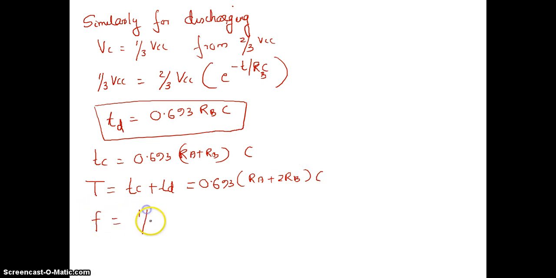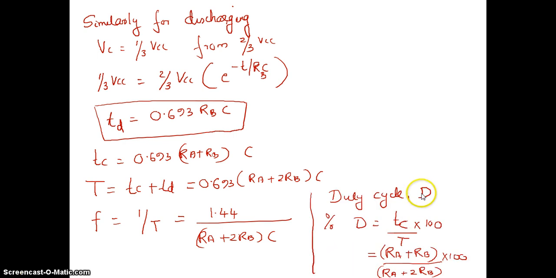F is 1 by T, and doing that we get 1.44 divided by RA plus 2 RB into C. And the duty cycle is the on time or charging time divided by the total period, into 100.